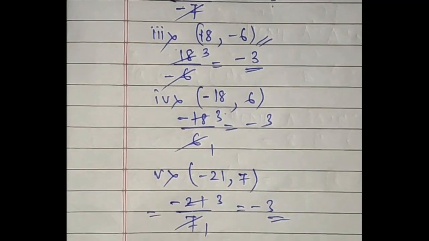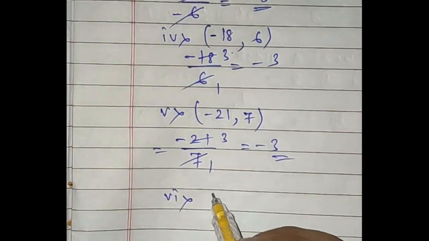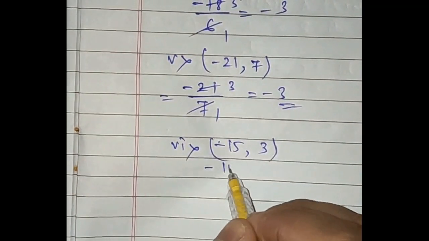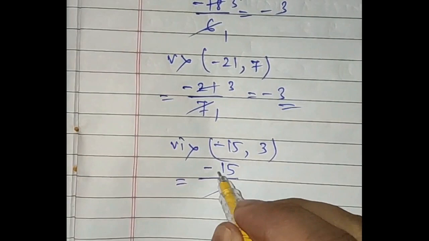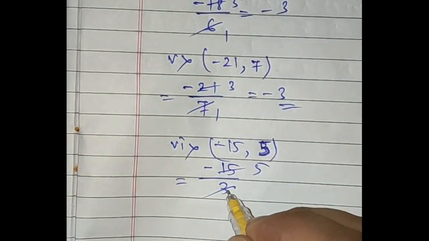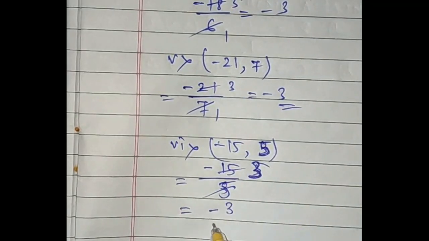If the question was 6 pairs, we could have written another one also. It was possible with -15 comma 5, isn't it? 5 3s are 15, and it is -3.